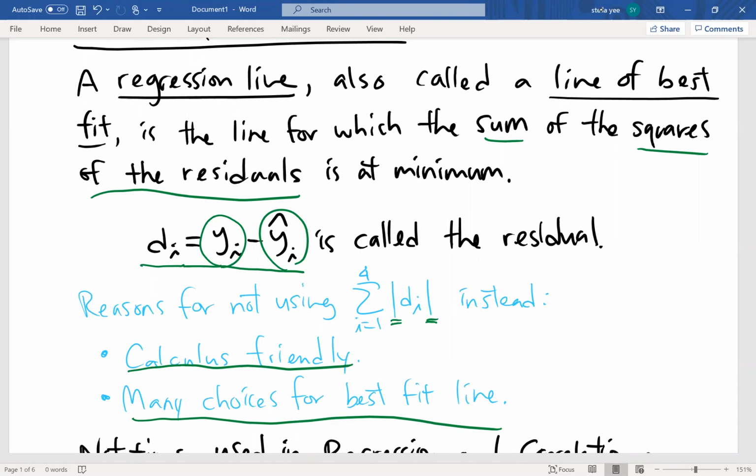It is a nice feature to have if different people computed the best line of fit and came up with the same formula, so it doesn't depend on how they picked their line. That's why squared is preferred over absolute value.